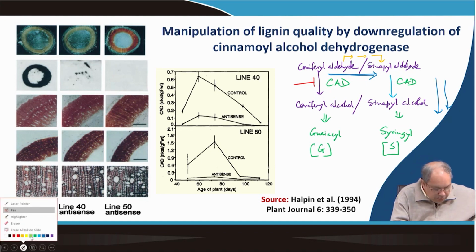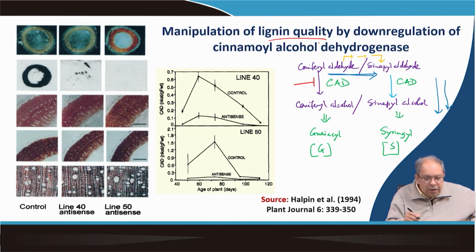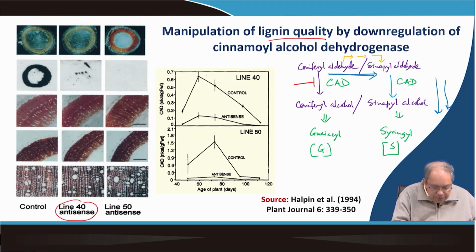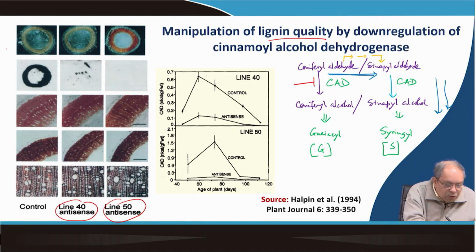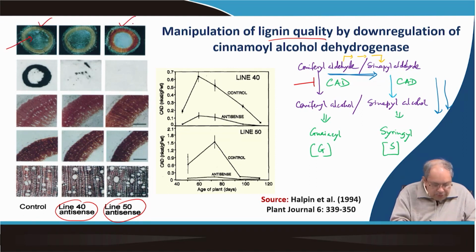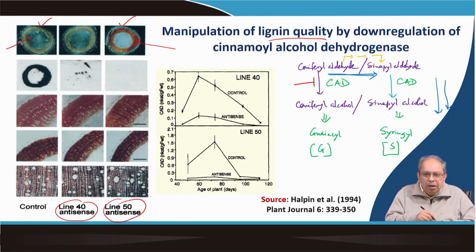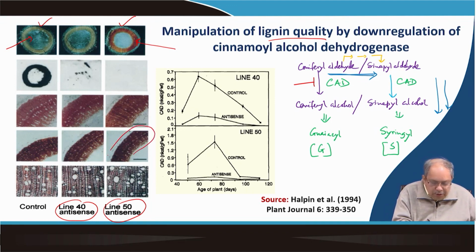That is why this terminology was used, and these are the two antisense lines. Antisense line 50 is stronger, so more suppression worked, and this is basically the control. If you compare this with this, you see clear changes in the coloration of the lignified portion. This was further studied with different staining, and what has been found is that this looks more intense as compared to the other, and also here.